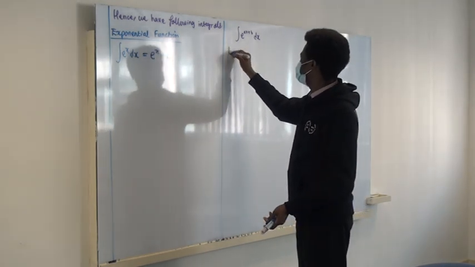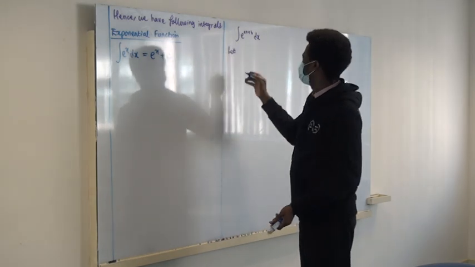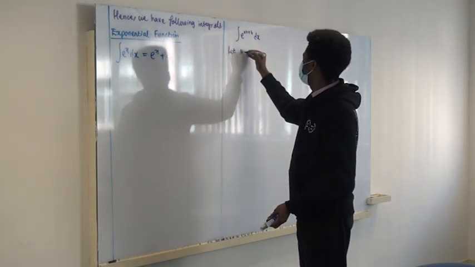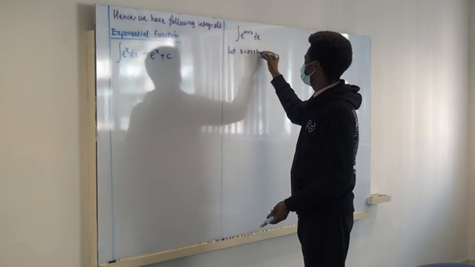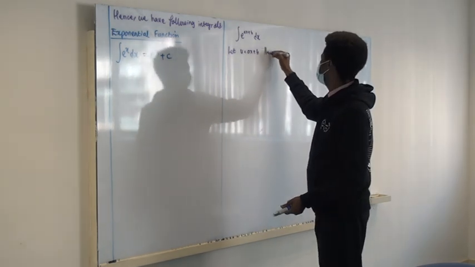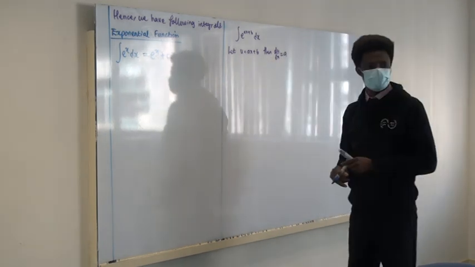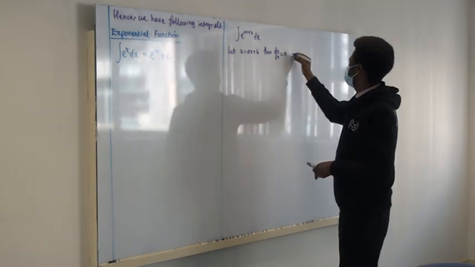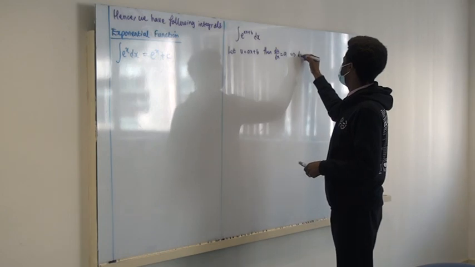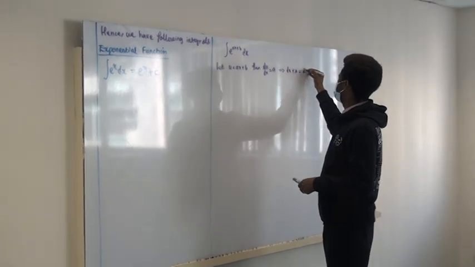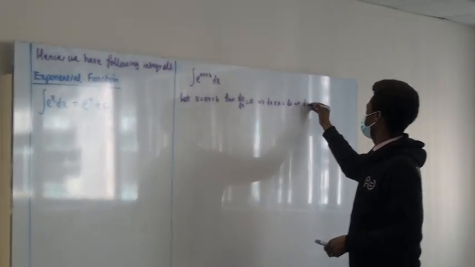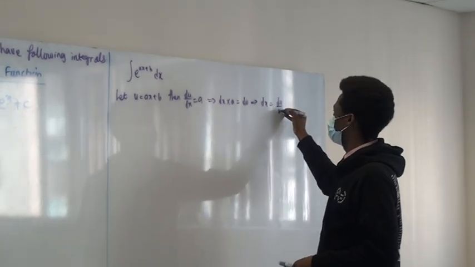So we say let u be that ax plus b. In that case, du dx is going to be ordinary a. Is that not? Which means our dx times a is equal to du, which means our dx is actually du divided by a.